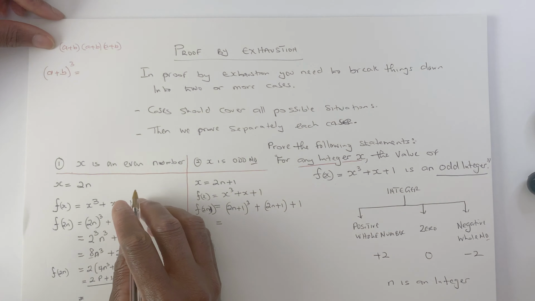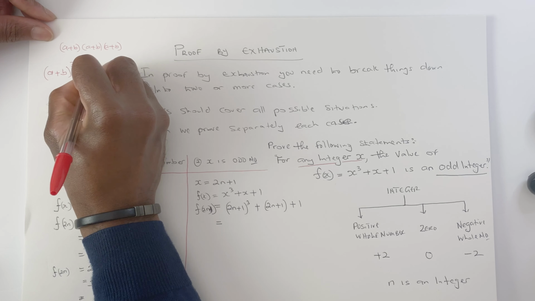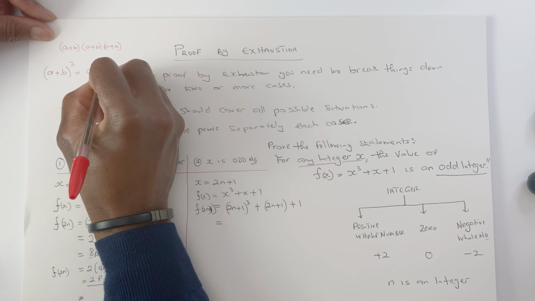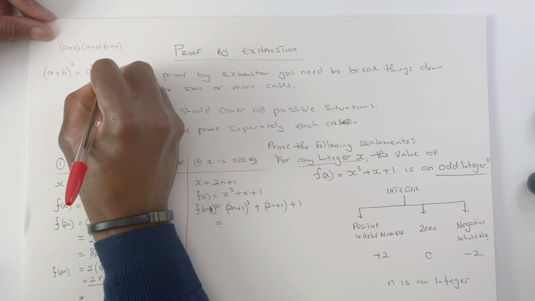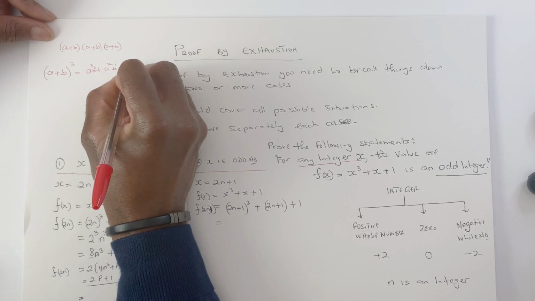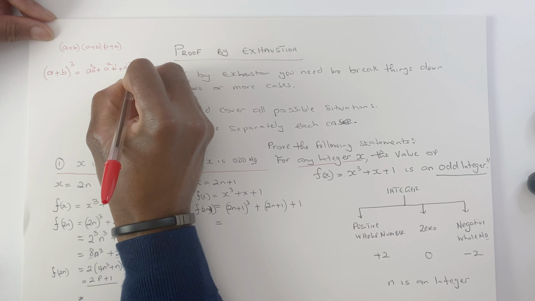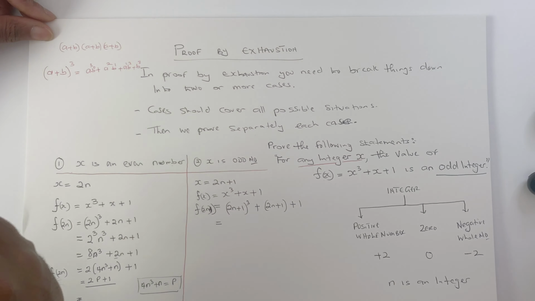But using binomial expansion, I'm just going to do a cubed plus a cubed b to the 0 plus a squared b to the 1 plus a b squared plus b cubed a to the 0. But anything to the power 0 is 1, obviously.